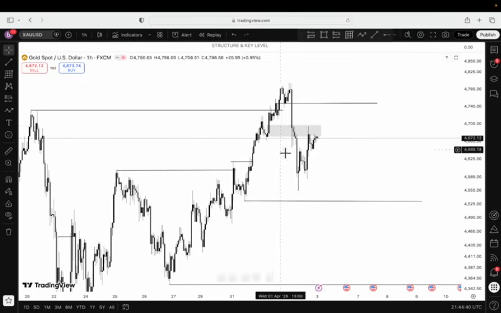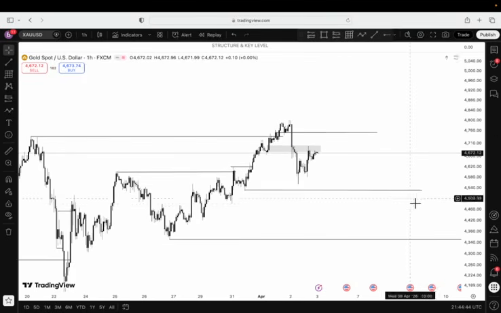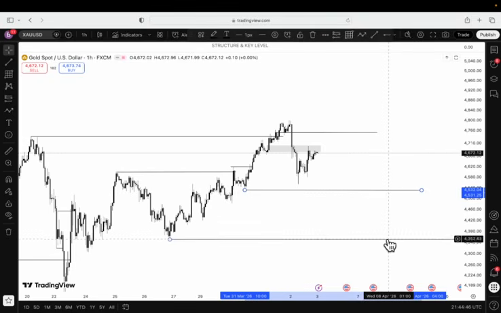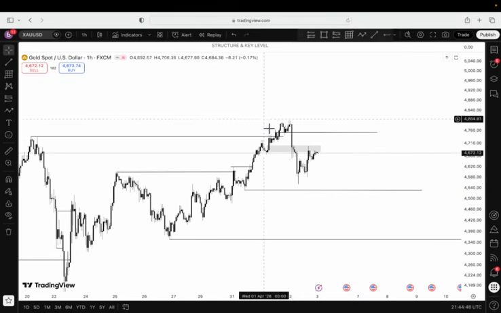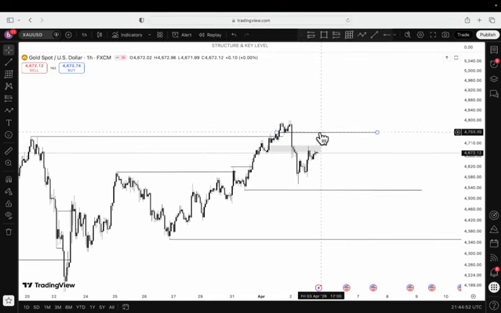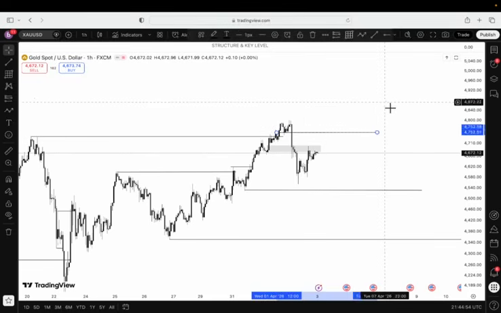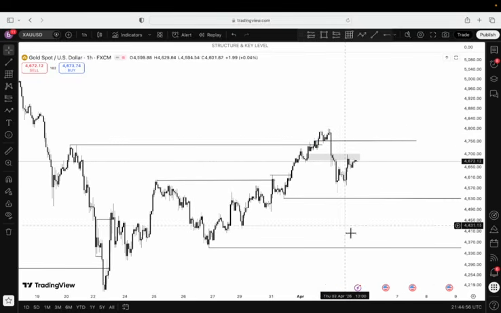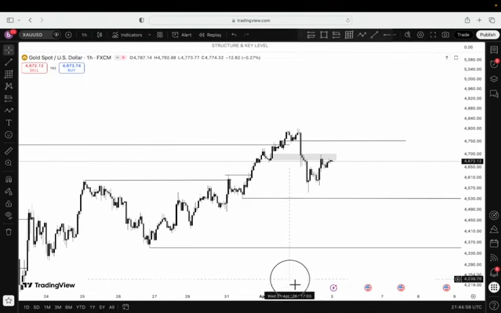Because of course this guy can be reclaimed and it can still be taken out. Whether you are marking this as your inducement or this as your disruption, it doesn't change the fact that a reversal sign has showed up here, even if it hasn't been invalidated yet. That's one thing I was telling you guys that time about, like price showing both buy and sell, what to do.